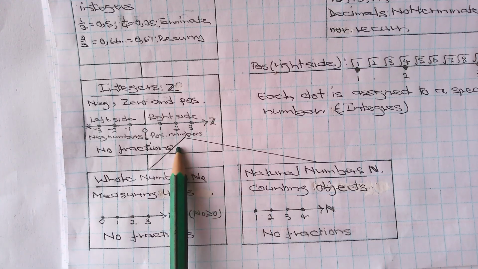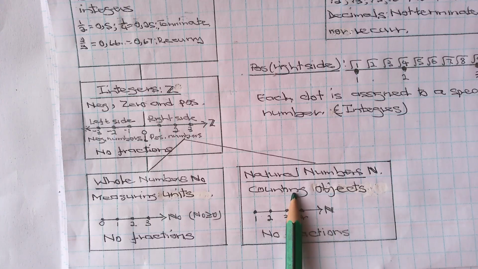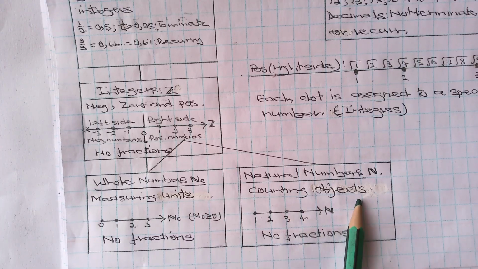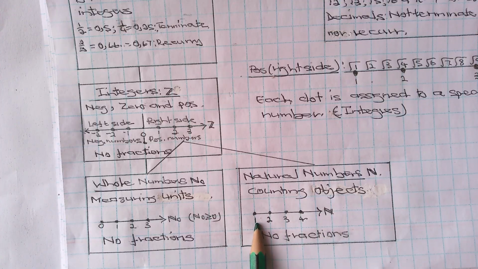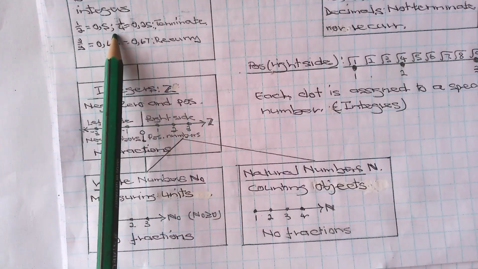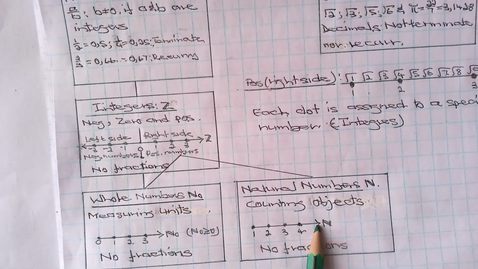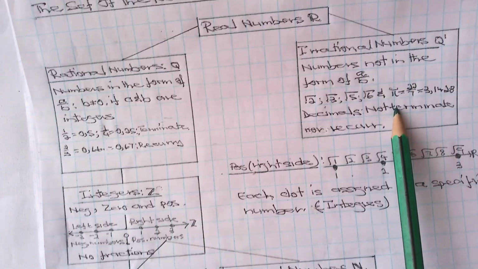Then from the set of whole numbers, we have natural numbers, which are used for counting objects. They are positive numbers beginning from 1, not 0, and there will be no fractions. We will be dealing with the set of rational numbers, and irrational numbers will be tackled at a later stage.